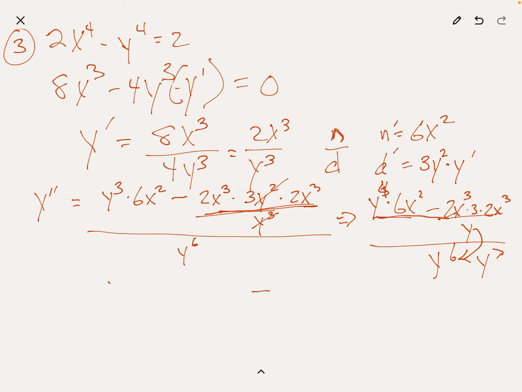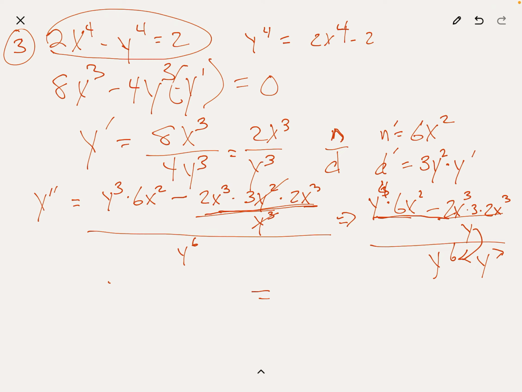So now we're getting close. And up in the numerator, the trick here is to substitute for y to the 4th. And we do that by going back up here. So y to the 4th equals 2x to the 4th minus 2.